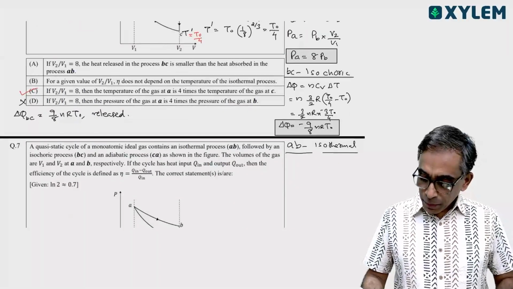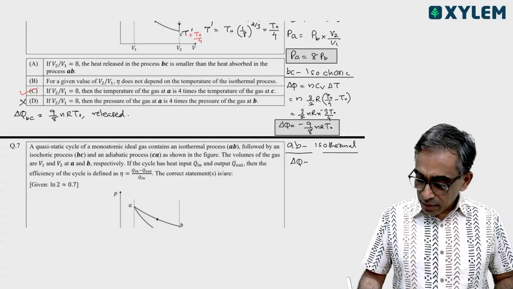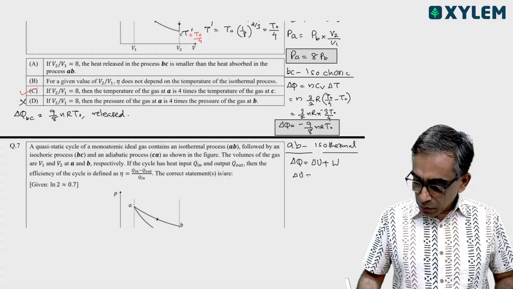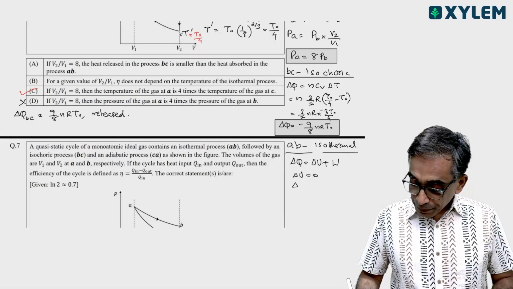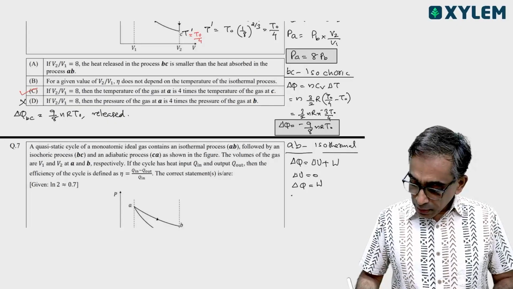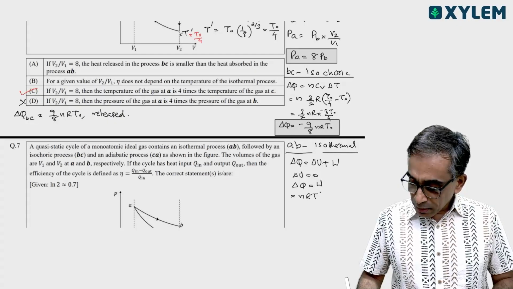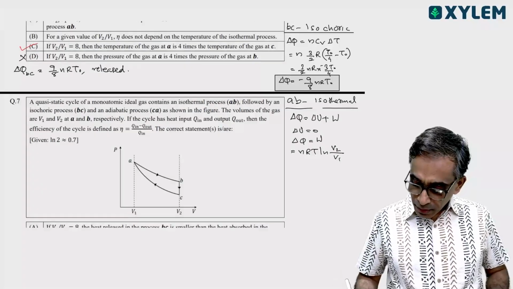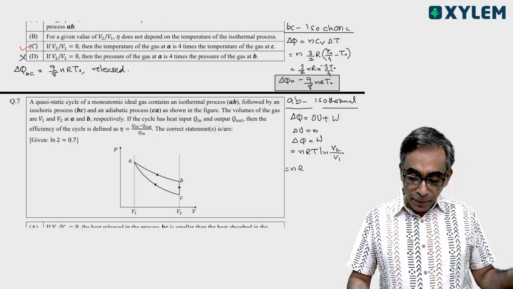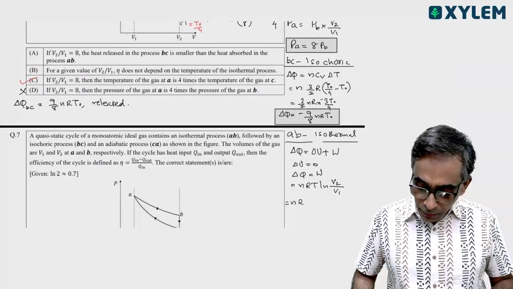In isothermal process, we know first law says that delta Q equals delta U plus W, right? And delta U equals 0. Therefore, delta Q is equal to W, and that is nothing but nRT log V2 divided by V1. What is the temperature throughout the isothermal? That is T0.